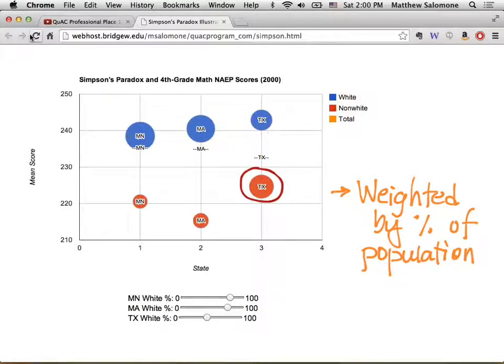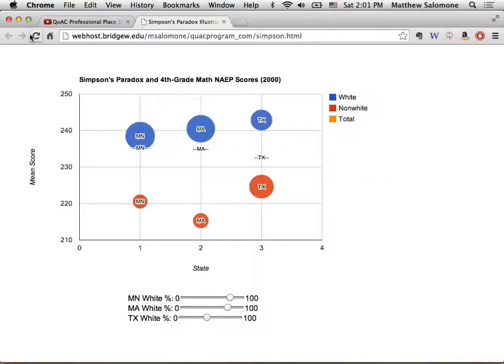Right, so you're looking at this bubble here and saying, well, even though the average non-white student in Texas did better than in Minnesota and Massachusetts, there are so many more of them that in the weighted average, it artificially lowers the total mean. So what did you do in this little interactive tool that told that story? What did you try? What did any of you try?